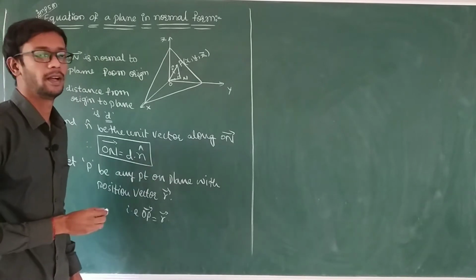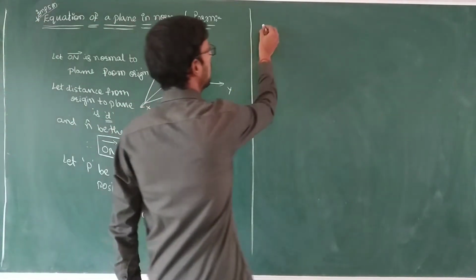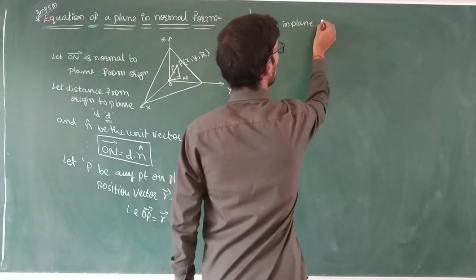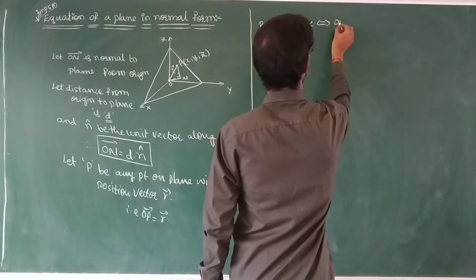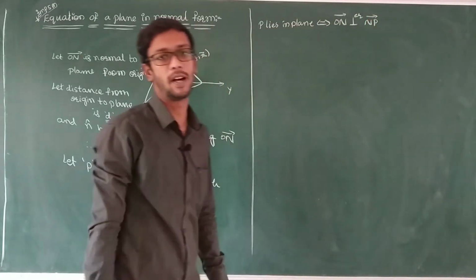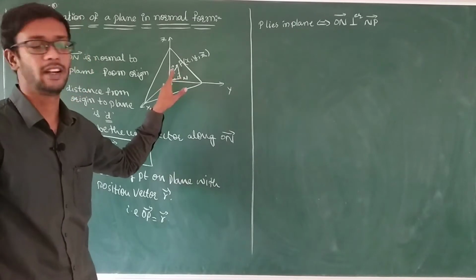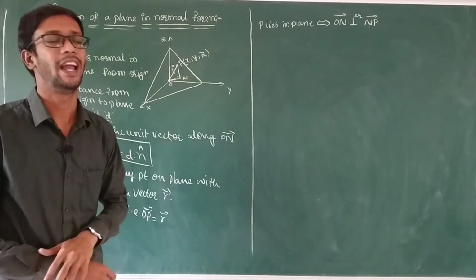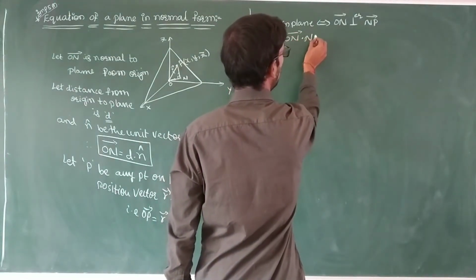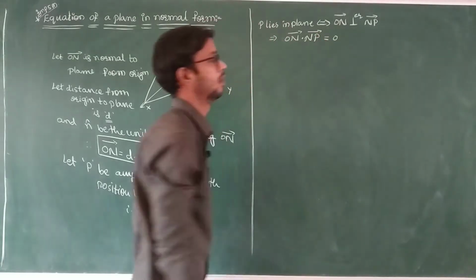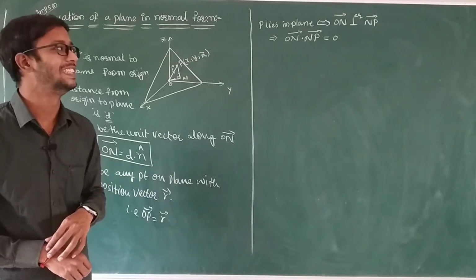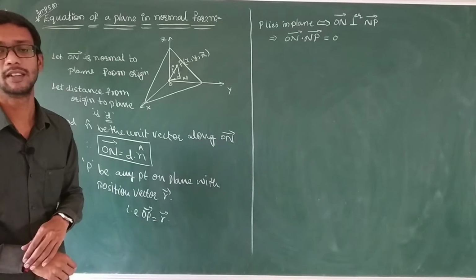If ON bar is perpendicular to NP bar, then only it is possible for P to lie in the plane. That implies we can write ON bar dot NP bar is equal to 0. Perpendicular condition: the dot product of two vectors is compulsorily equal to 0.